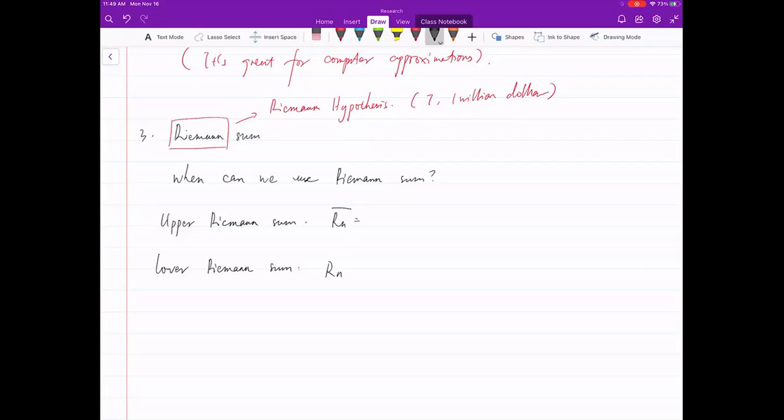We call it Rn with a bar to say it's upper, with an underline to say it's lower, which is a sum. So far, the same. The width. The only difference lies in here. You take a bar and you take an underline.